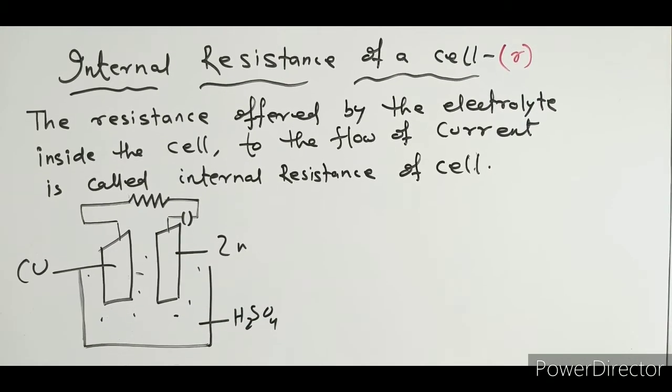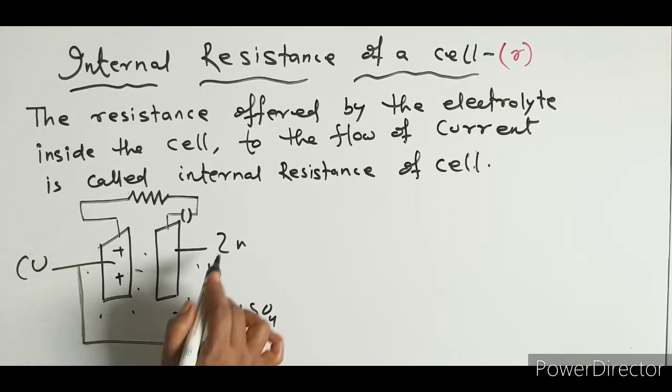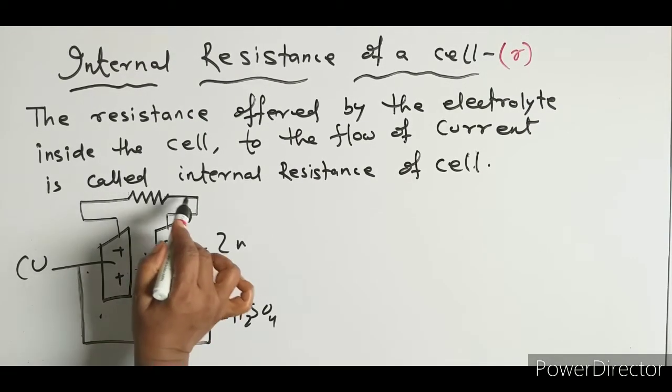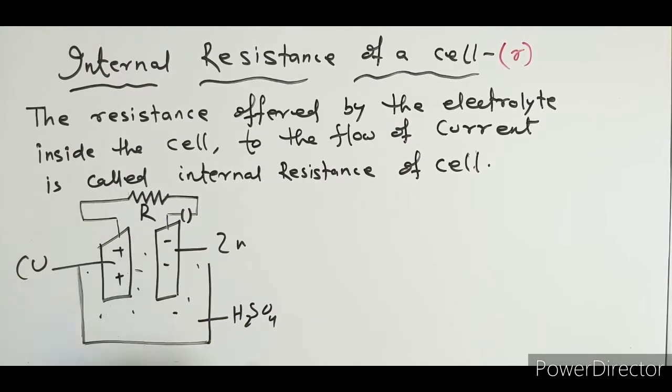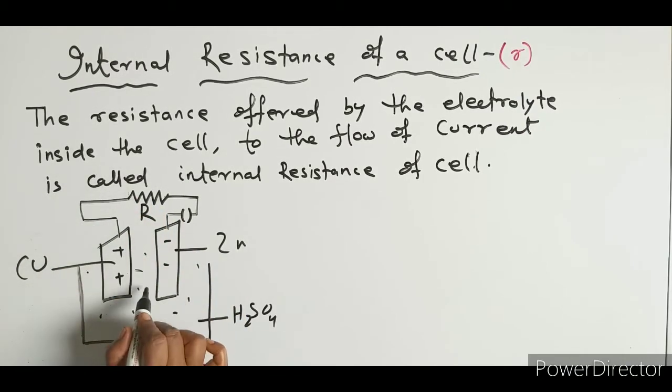When we discuss this, what happens? Copper acquires a positive charge and zinc acquires a negative charge due to the flow of ions. Electrons pass from here to here, spend some energy at R, and come back. So they move from one electrode to the other outside the cell, and inside the cell ions are formed.